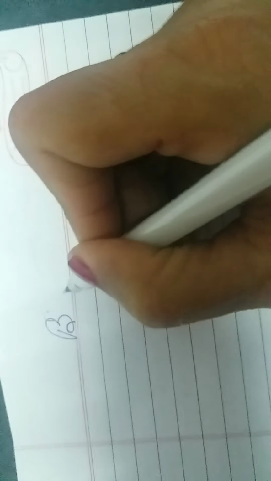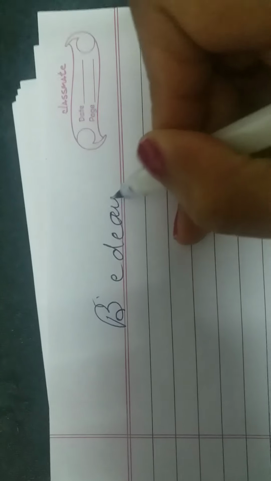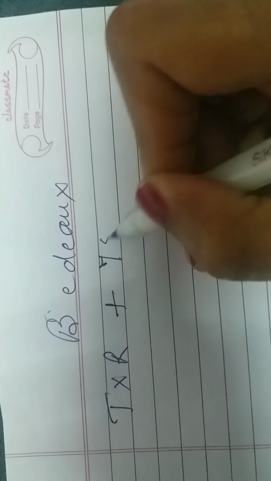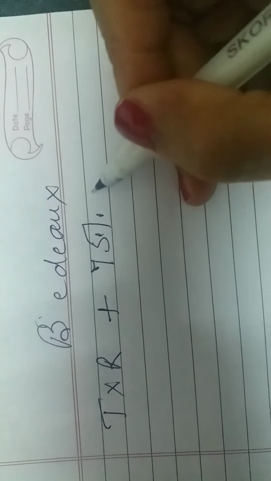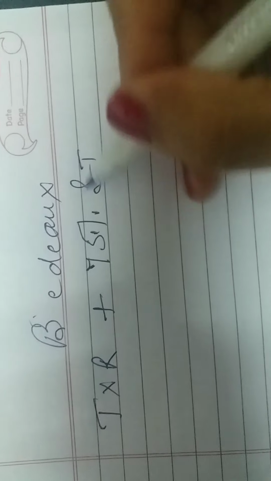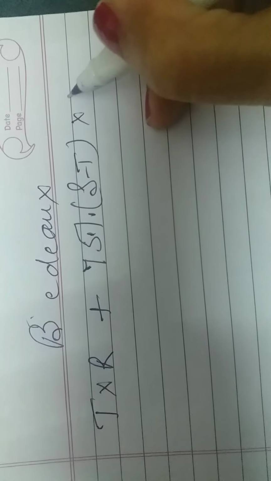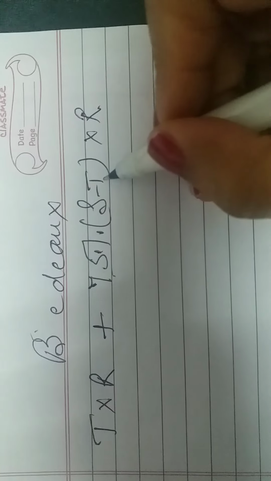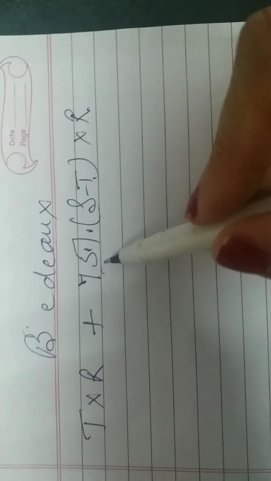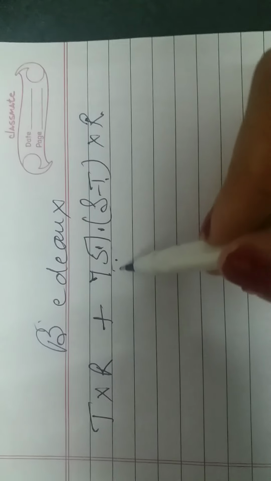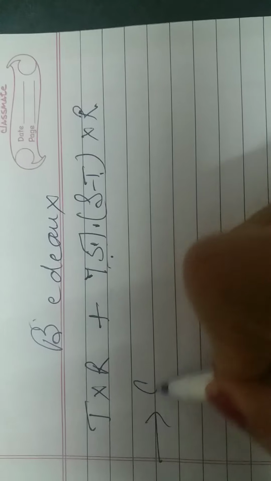The next formula, which also uses the same method, is Bedaux. Bedaux also takes the same formula, but here 75% of the time saved goes to the worker as bonus, with only one change.